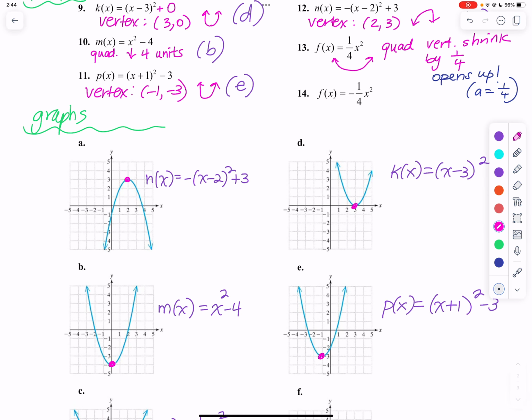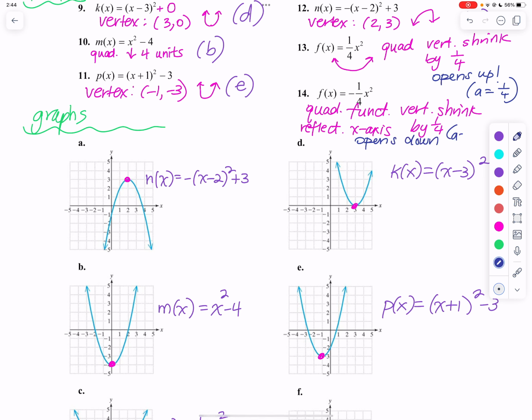This graph here is the same thing. We have a quadratic function, a vertical shrink by 1/4, and then we have a reflection across the x-axis. And we also know that this opens down, since a is equal to the opposite of 1/4.